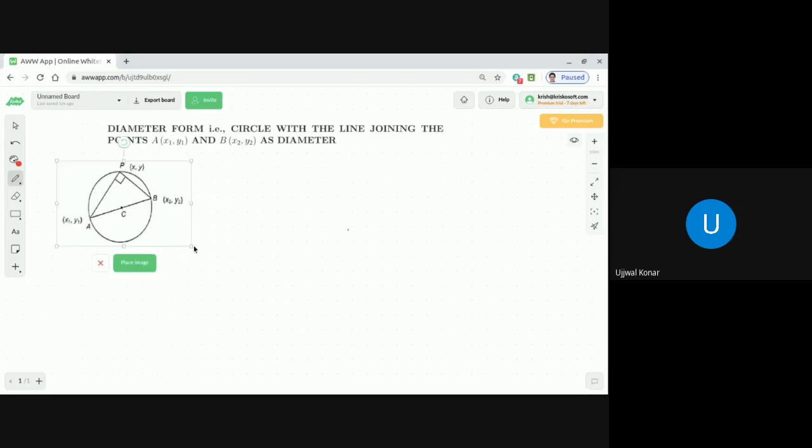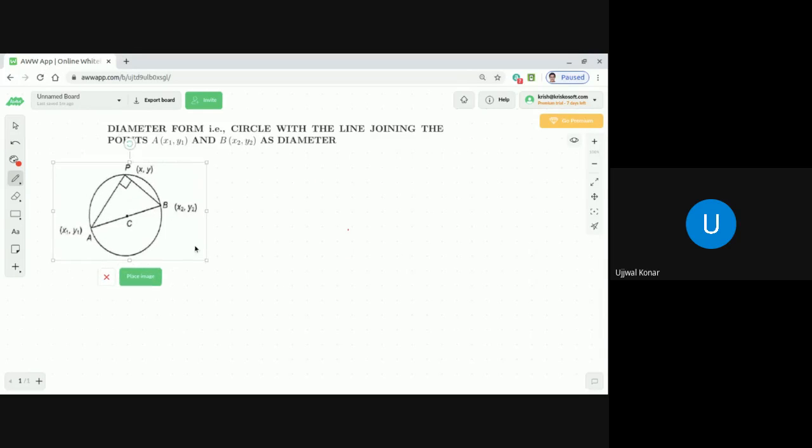So if we look into the problem, if you give a visual representation, it's something like this. You see that A with coordinate x1, y1 and B with coordinate x2, y2. These are the two endpoints of that diameter. AB is the diameter with A as x1, y1 and B as x2, y2.